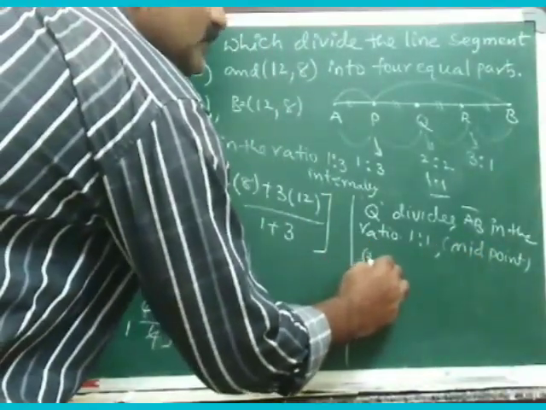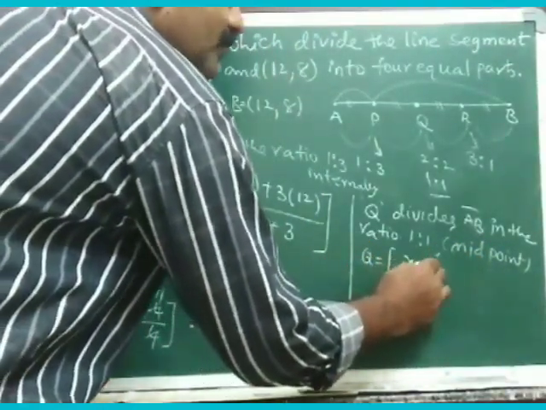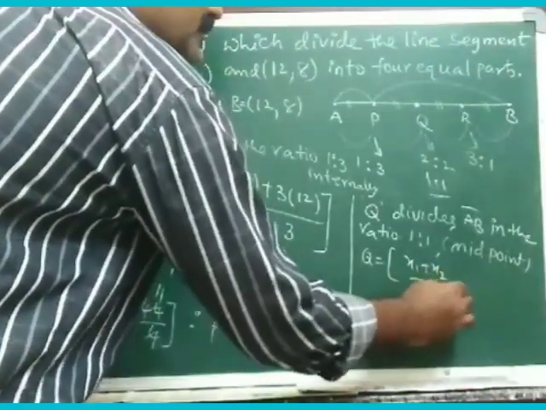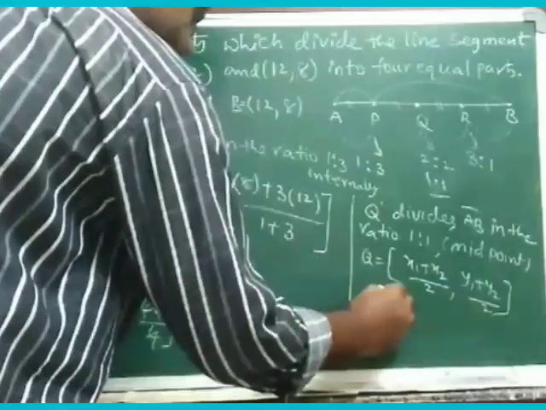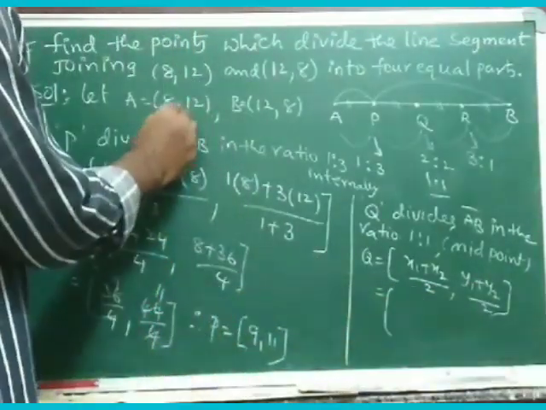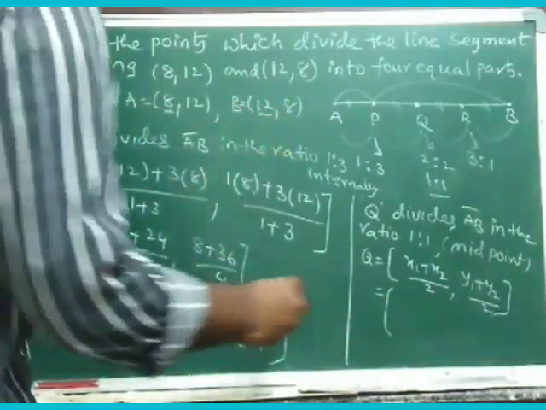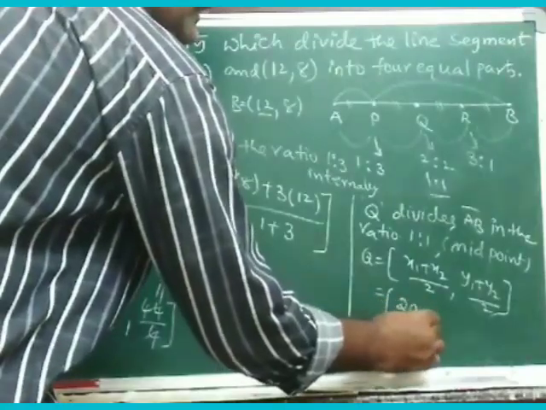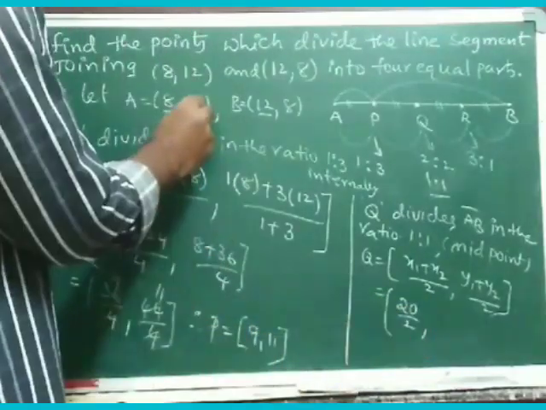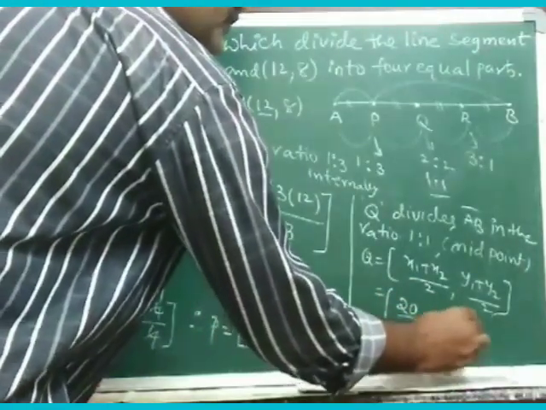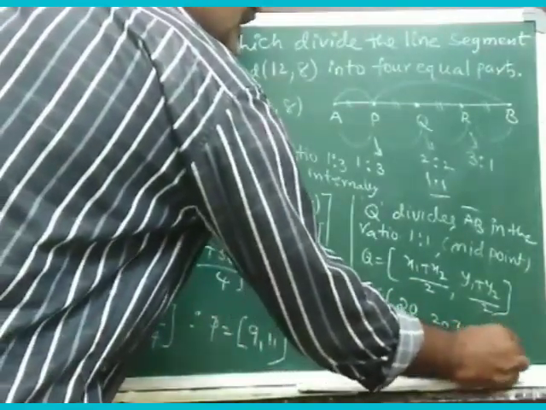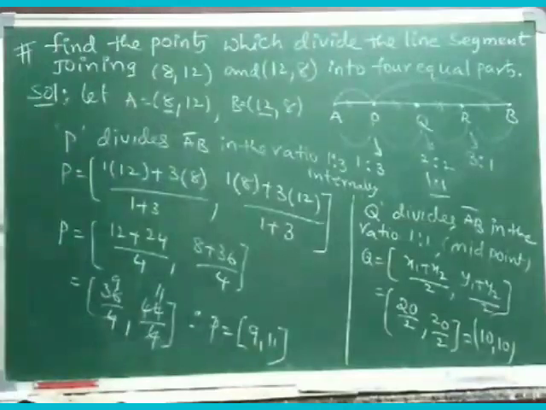Therefore Q is equal to the midpoint formula, x1 plus x2 by 2, comma, y1 plus y2 by 2. So x1 plus x2, 8 plus 12, 20 by 2, comma, y1 plus y2 is also 20 by 2, which is equal to (10, 10).